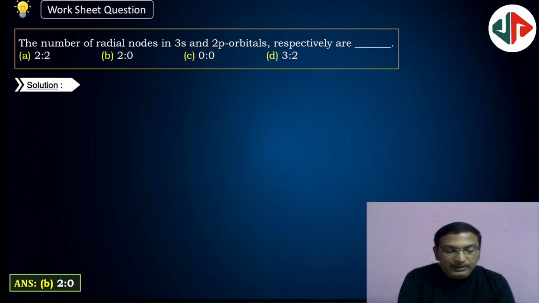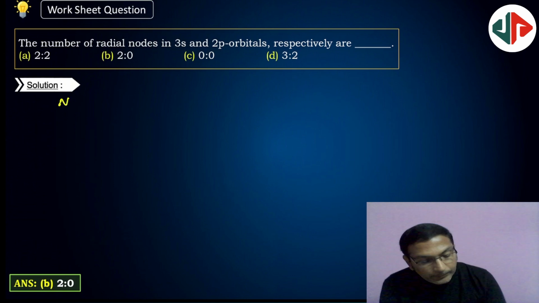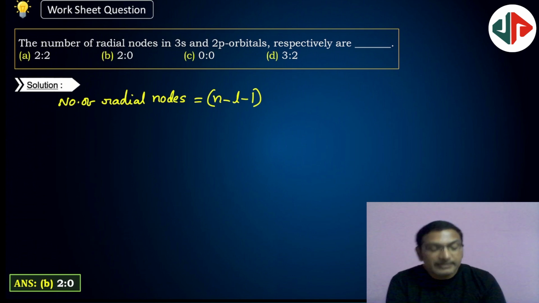Number of radial nodes in 3s and 2p orbitals respectively. Here, number of radial nodes equal to n minus l minus 1. So what is n?